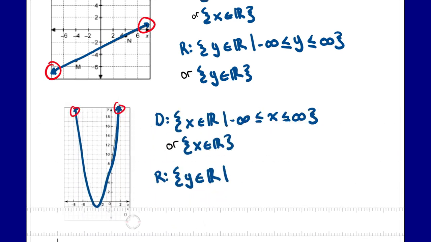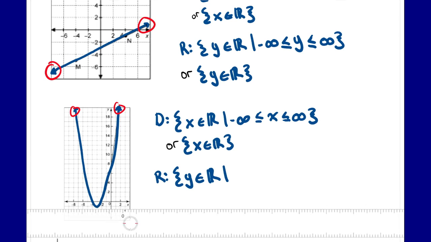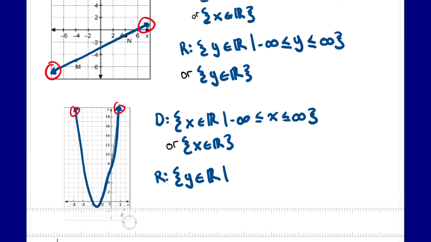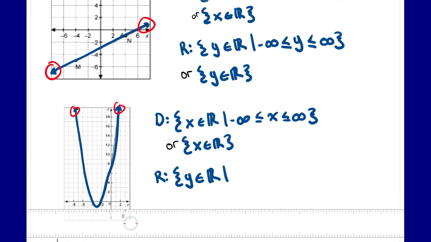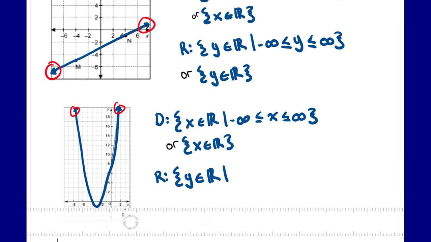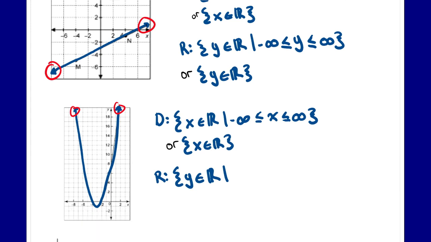If I start at the lowest possible value, I'm going to take a horizontal line now, just to visualize it. We see the parabola come down, reach this vertex, and then go back up. So the lowest possible value here is -1, which means y has to be greater than or equal to -1.